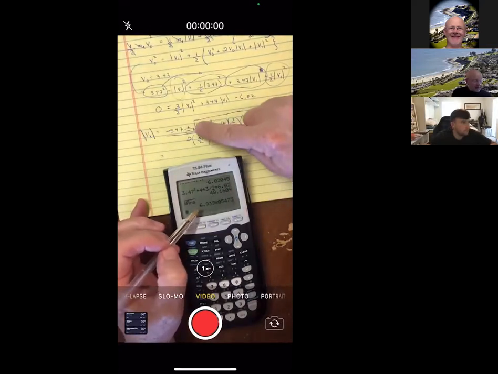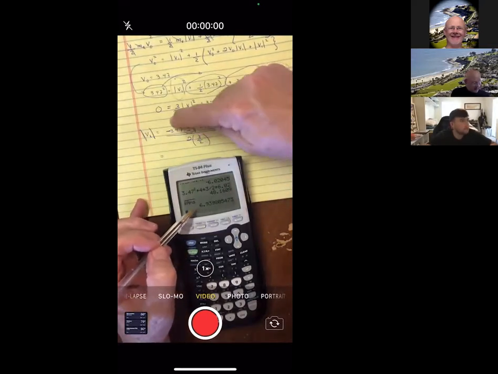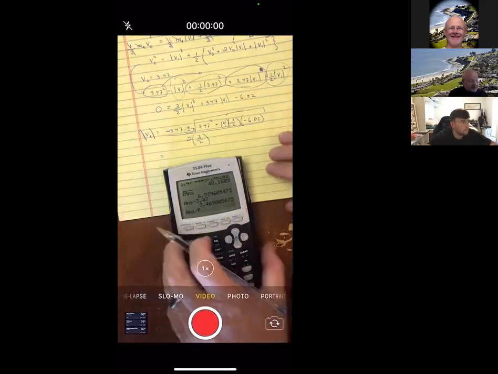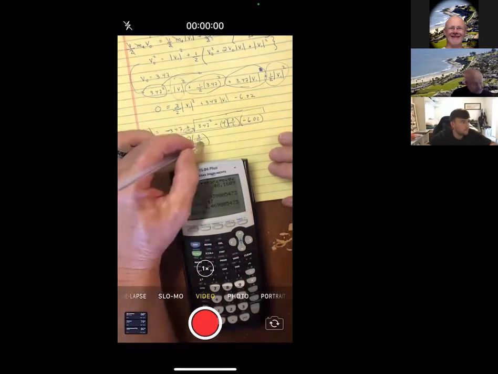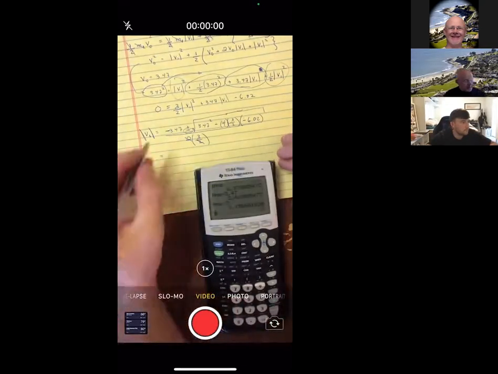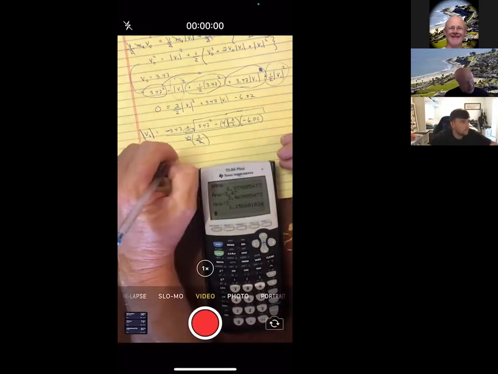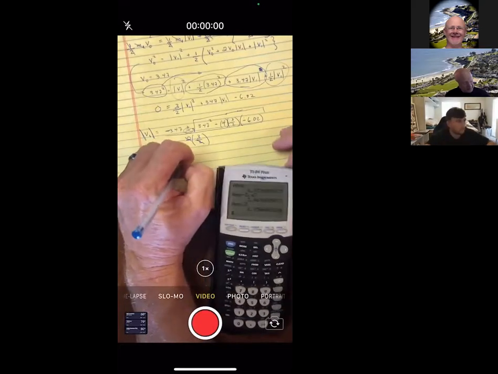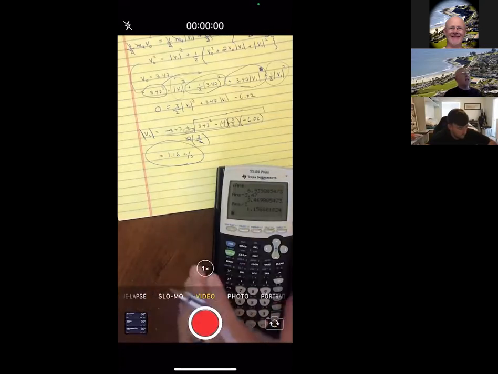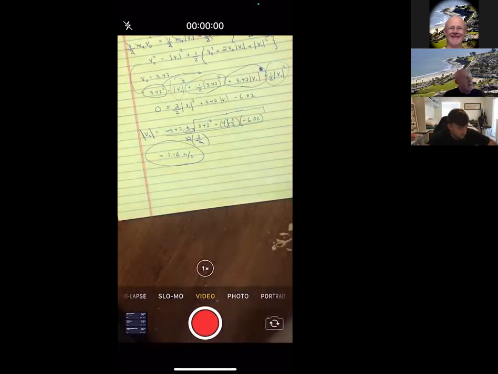And again, I'll take the positive one and I will subtract the 3.47. And then divide by 3. And I get 1.16. And I just looked up here and said, yeah, so that matches his answer. So good.